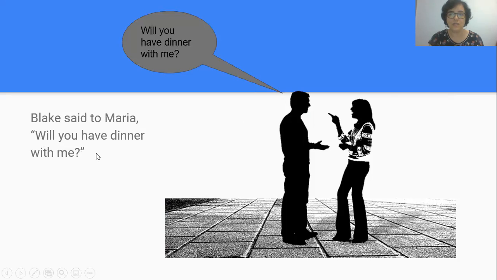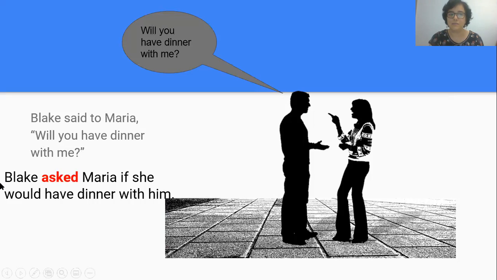And now you change this to indirect speech. And please pay careful attention because it is slightly different. So I start by saying Blake asked Maria, okay, if. Now I cannot say that, it would be wrong. So I have to change, slight change here. When there's a question, it changes slightly. It's not always if, but in this case, it is if.